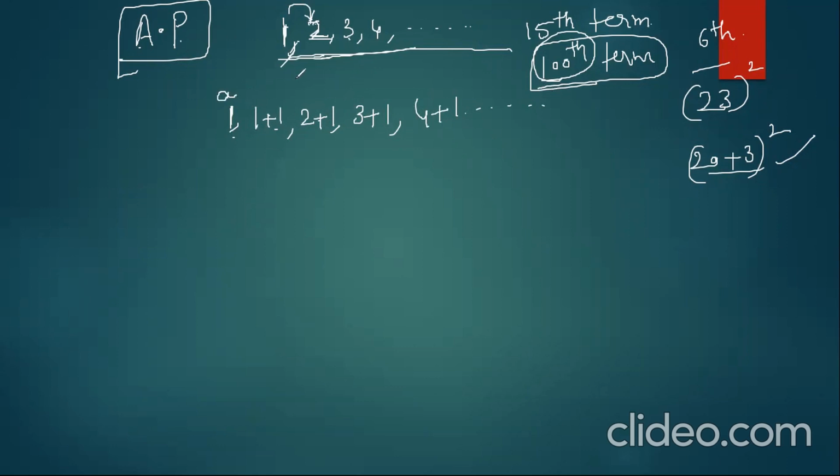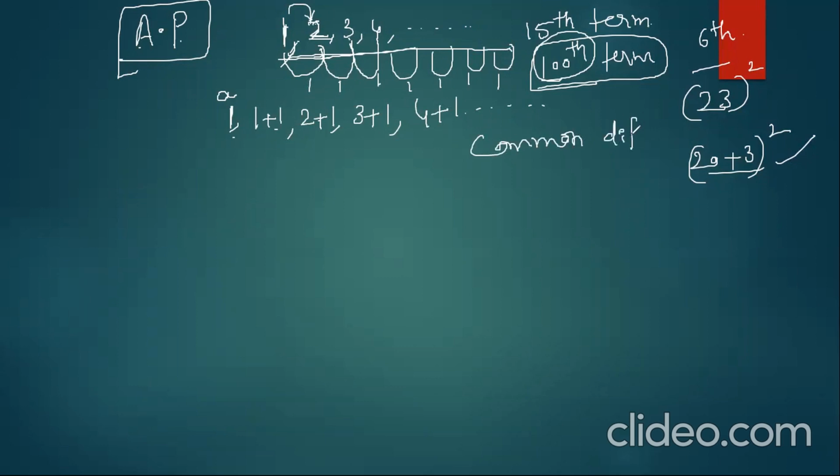First term is A. Now if you observe the difference between the first and second, how much? It is 1. Now the difference between second and third, again 1. And fourth and third, again 1. If you see the difference between the successive terms, it is always the same, right? That difference is called the common difference.